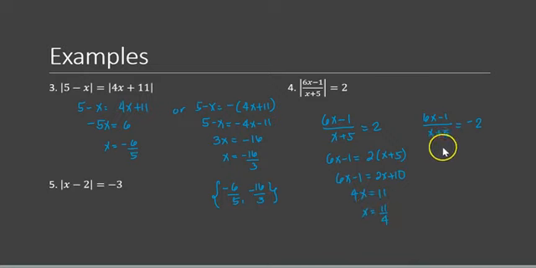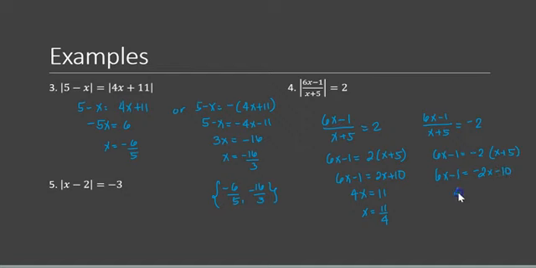Then for the other equation here, same thing, we cross multiply, but we're going to have negative 2 times x plus 5. So we have to distribute negative 2. Okay, so 6x minus 1, multiply negative 2 to x, negative 2x. Negative 2 times positive 5 is negative 10.